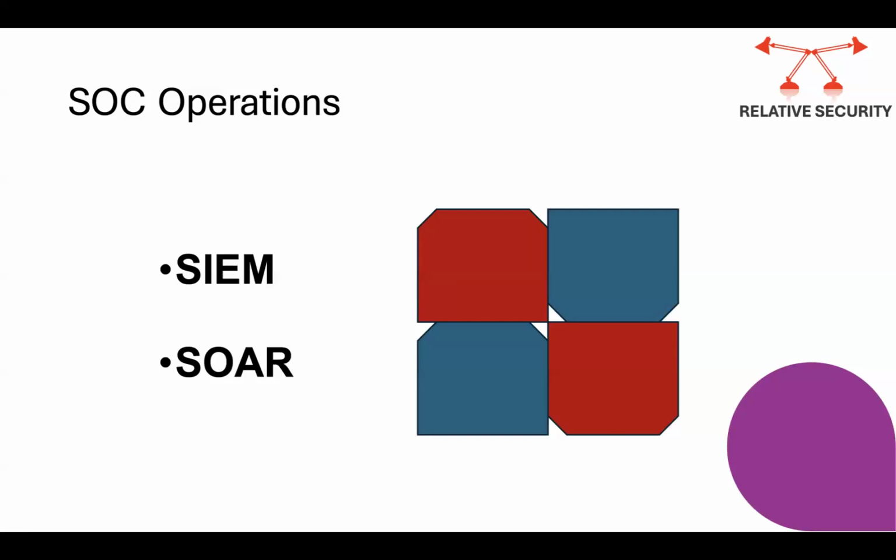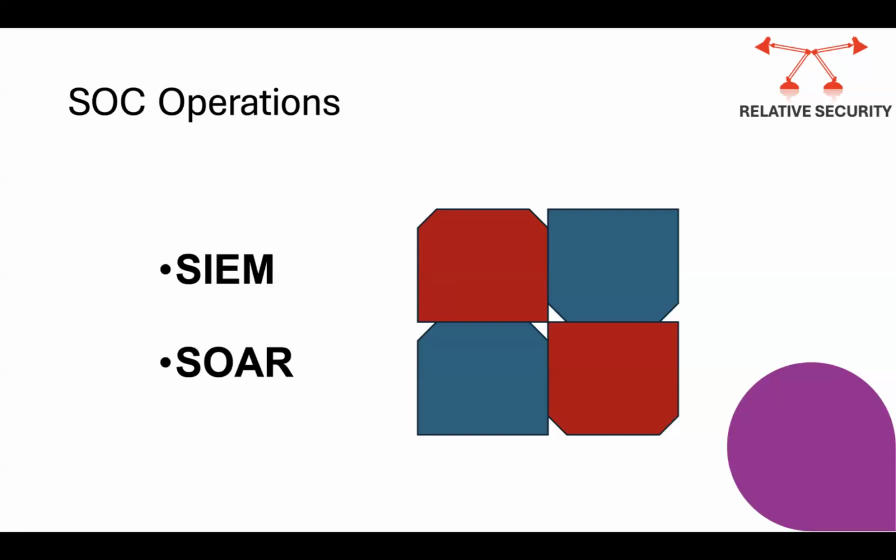SIEM helps us to identify the potential security threats through data correlation and anomaly detection. It is also helping some organizations to meet the regulatory requirements by providing the audit trails and compliance reports. A few main features are log management, correlation, alerting, which we just discussed, dashboards, and reporting.